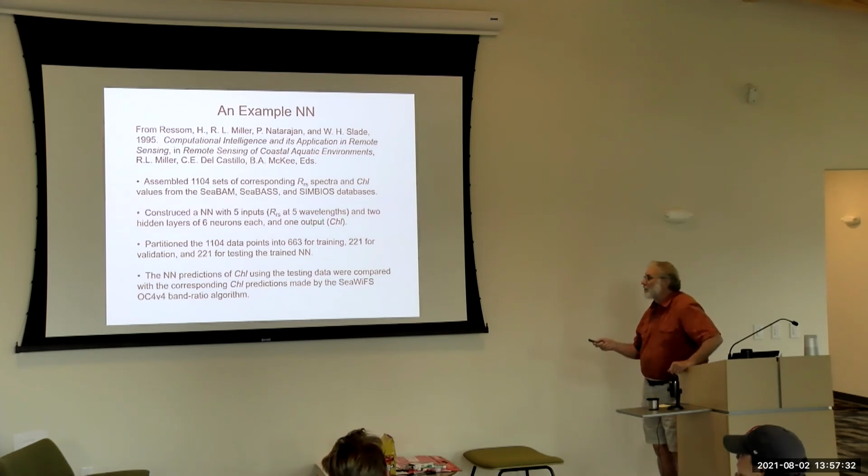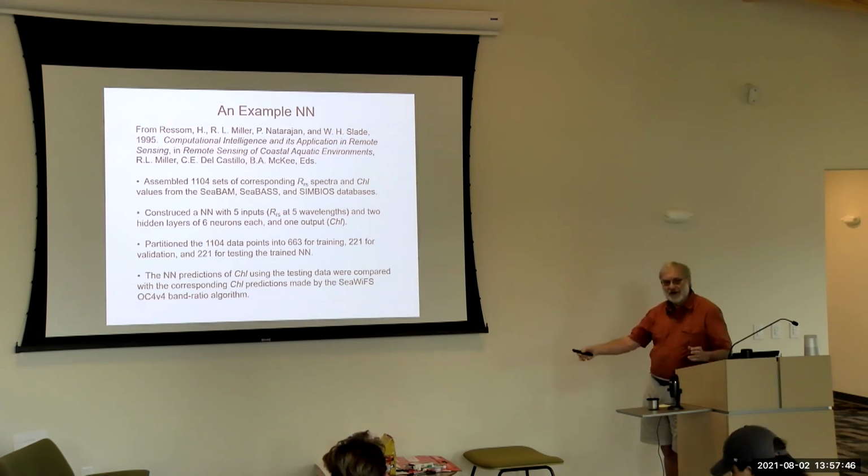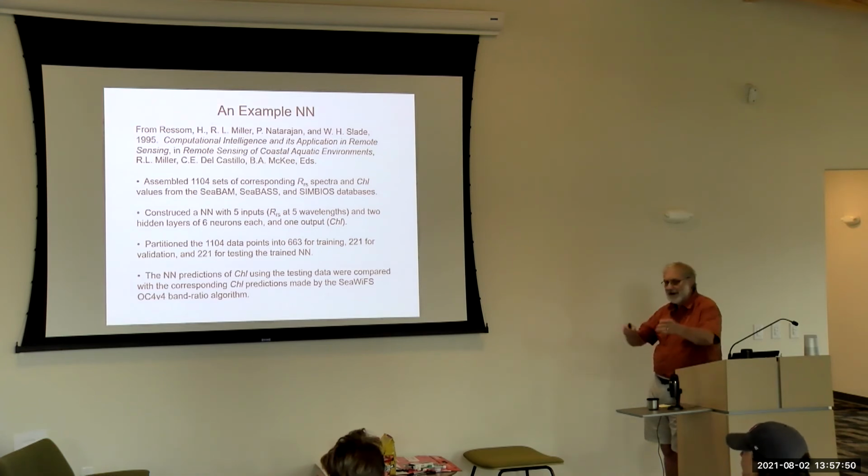Then what they did was they took their 1,100 sets of data and they said, let's use half of them for training, a fourth of them for what's called validation, and then a fourth of them to actually test how well the neural network did. And you should just randomly pick these spectra out of your data set.